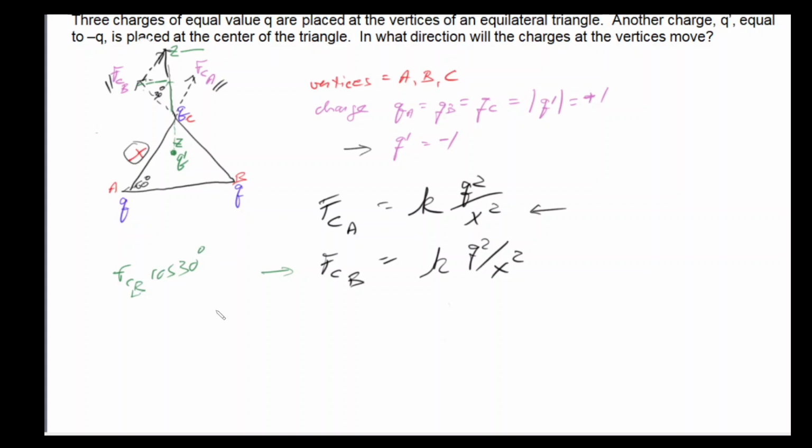So our net force on C from A and B is equal to cosine 30 degrees times the force of C on B, which is K times Q squared over X squared. And we also have the force on the other side, so that we get 2 times that.